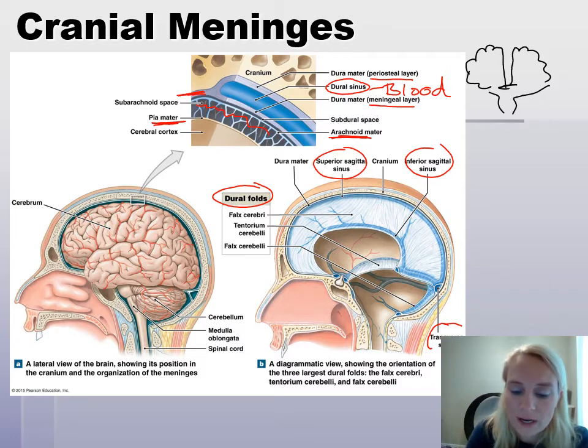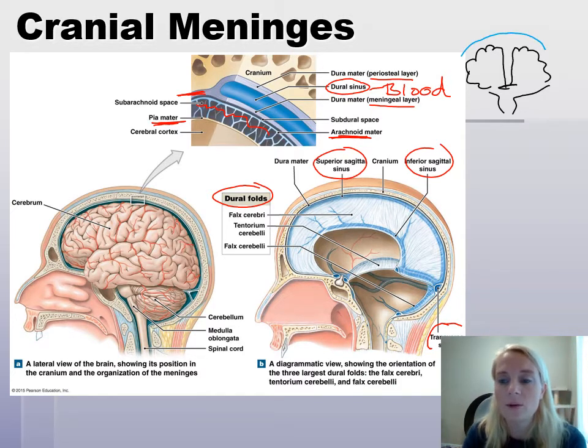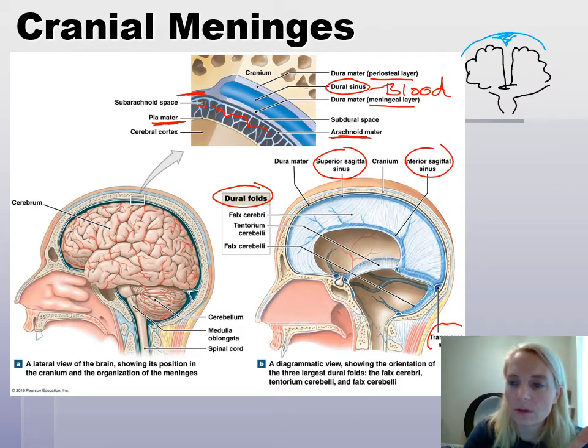So if we're going to take our dura mater, right, and then we have our little dural sinus, there are extensions of that meningeal layer that are going to kind of go deep into those fissures like that. So this is what we call a dural fold.